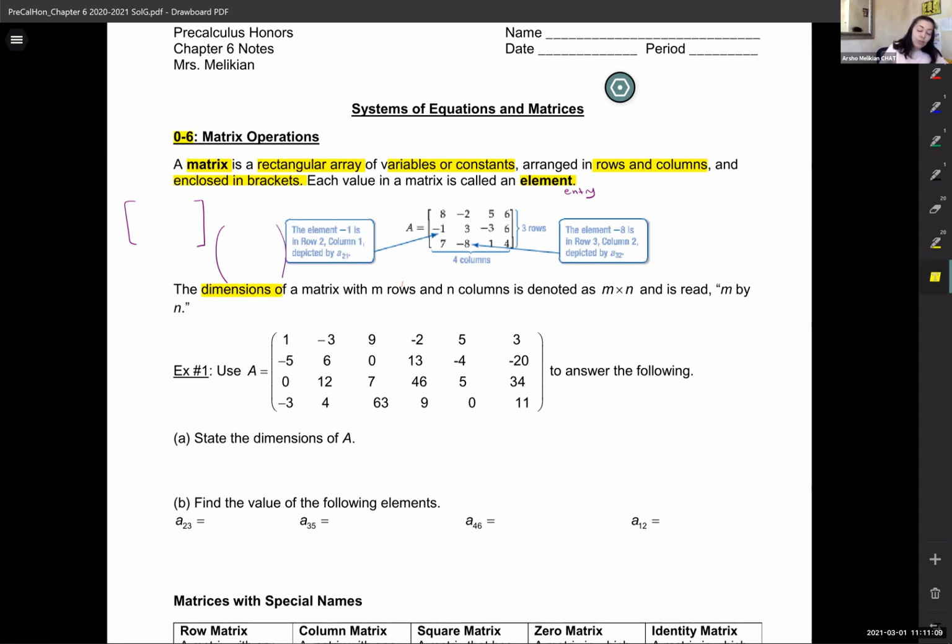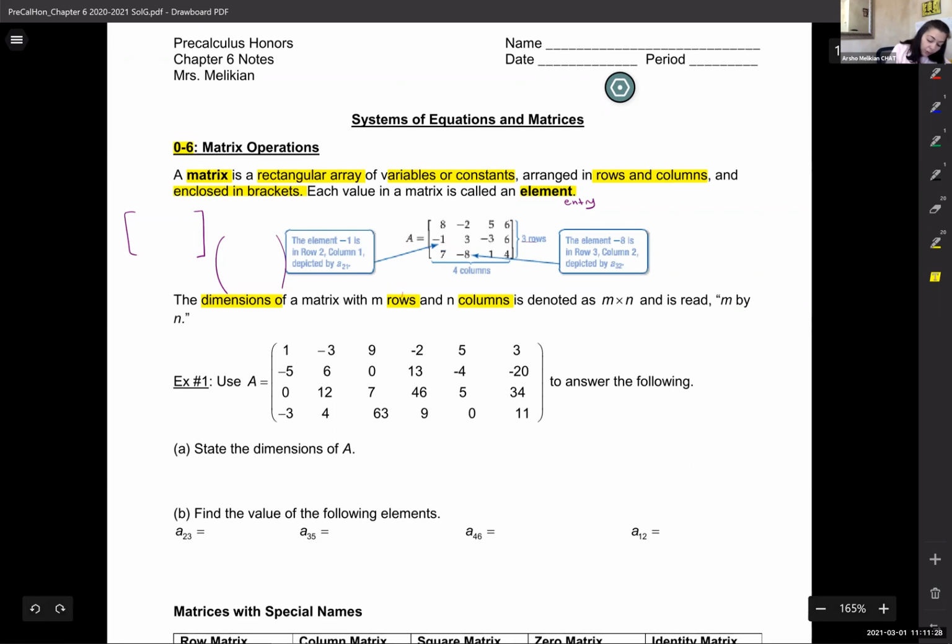And the order is always kept so that it's rows first, columns later, right? And if you see here, we've got 1, 2, 3 rows here, right? So 3 rows and 4 columns.